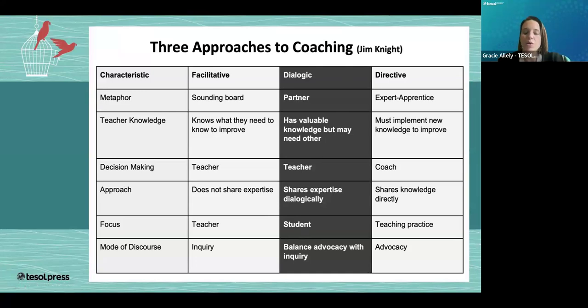The focus is really on the students. And this is what helps build rapport and that relationship of trust within the peer coaching model. Because I'm not in here to judge your teaching or you as a teacher or educator. We're here to just look and see what's happening in the classroom, or what my students are doing and how I can help you help them. And then we always balance advocacy and inquiry.